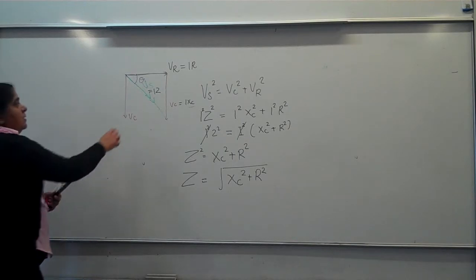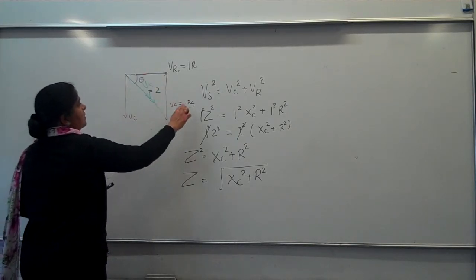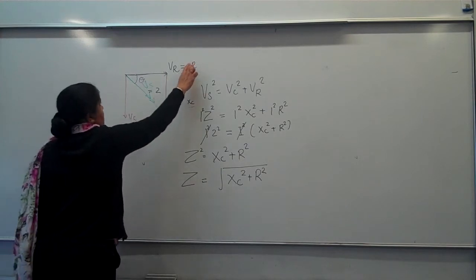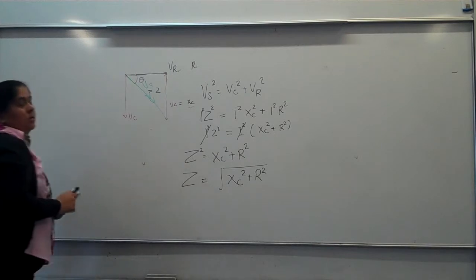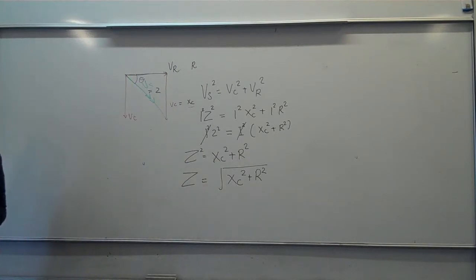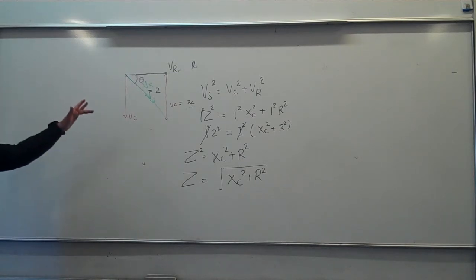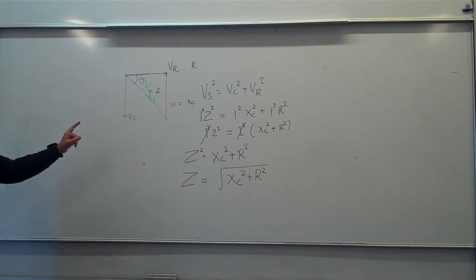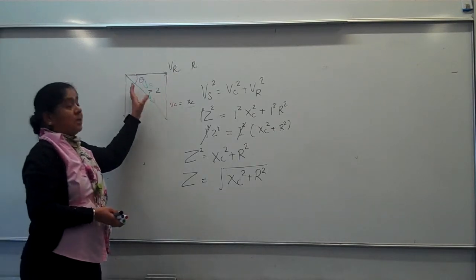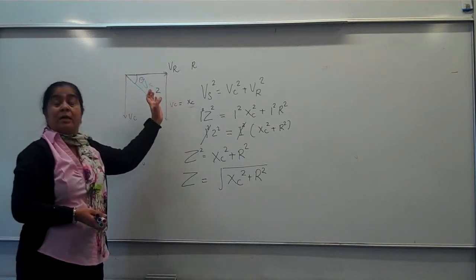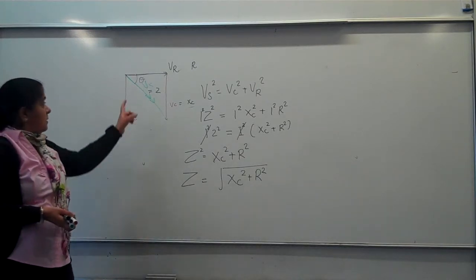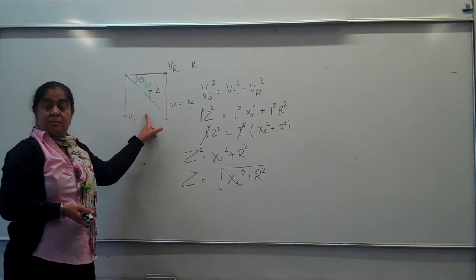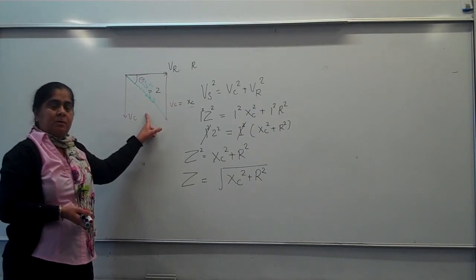So basically, this vector can be Z, this vector can be XC, and this vector can be represented as R. Sometimes if you have to draw the vectors in terms of XC, Z and R, you can do that, because sometimes the Vs and Vr values may not be given, but these values are given and you've been asked to work out the phase angle between I and Vs. I think that was one of the questions in last year's paper.